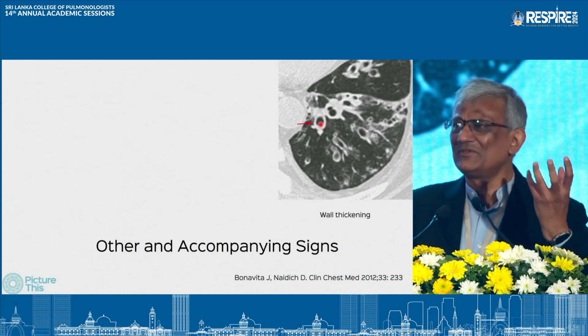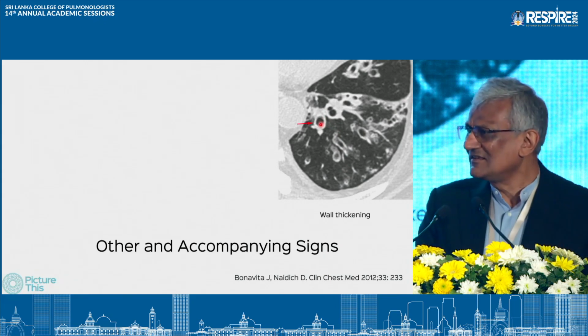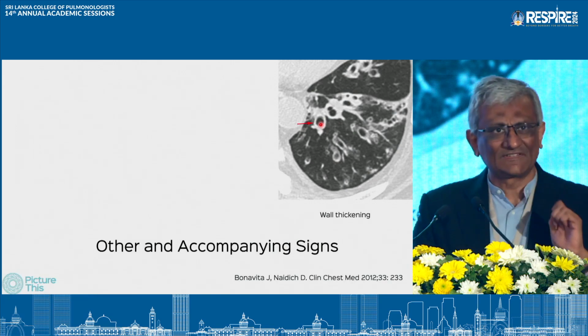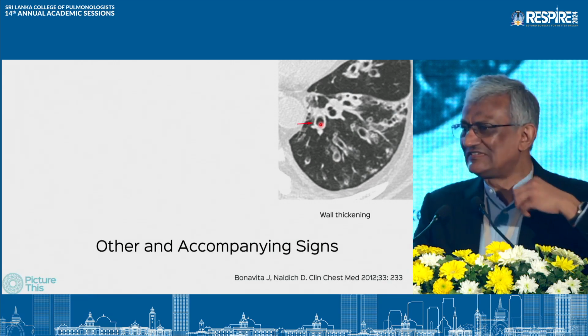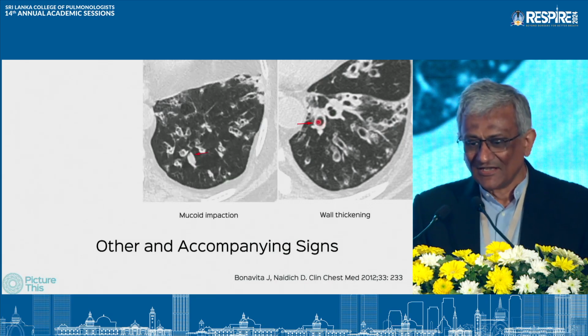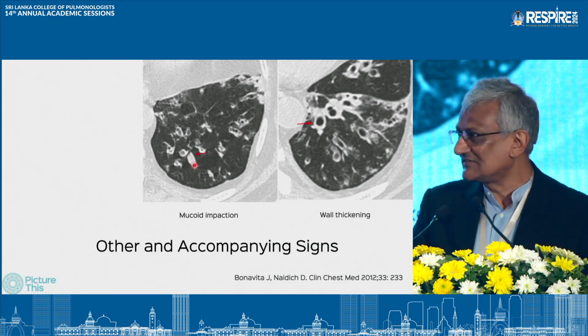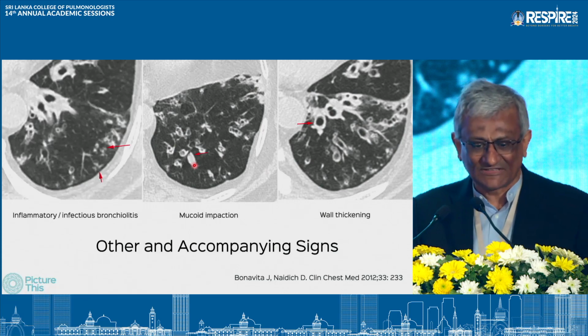So normal bronchioles or bronchi have very thin, just about perceptible walls. So the moment you see thickening, it's thickened. Again, we don't measure. Mucoid impaction is when the black is replaced by the white. So you have two white structures going along with each other.